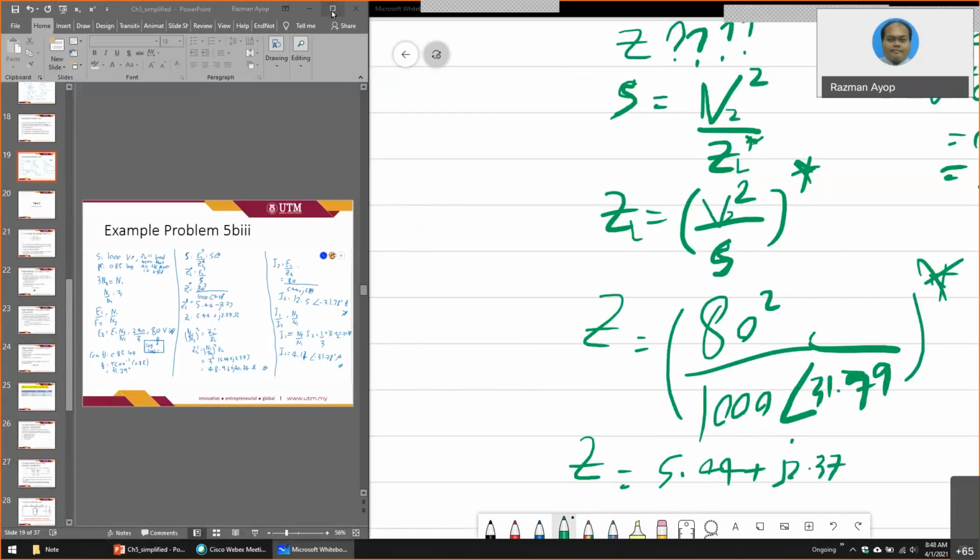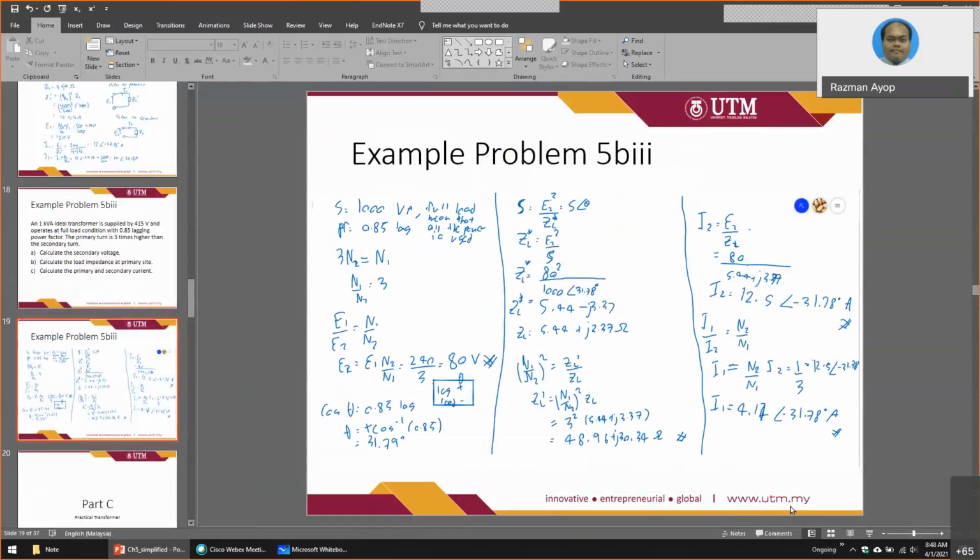Be careful with the conjugate. You can see here, if you calculate this without conjugate, it is negative. After you conjugate it, it will become positive. So be careful.